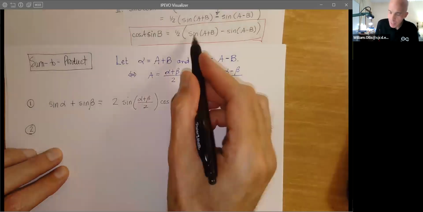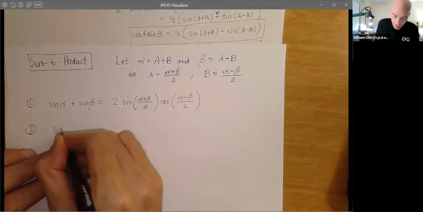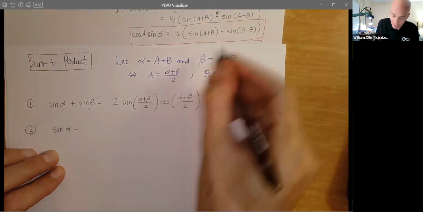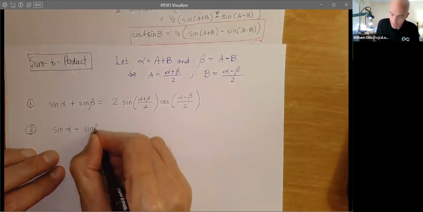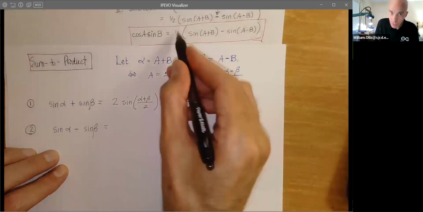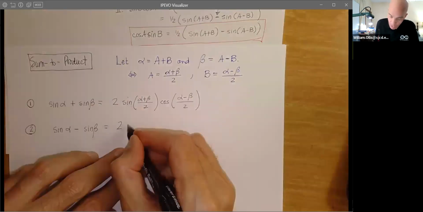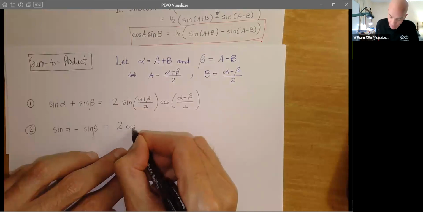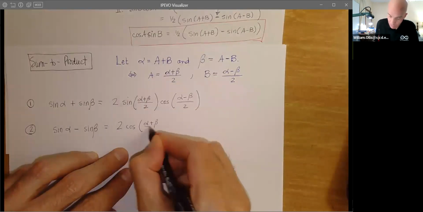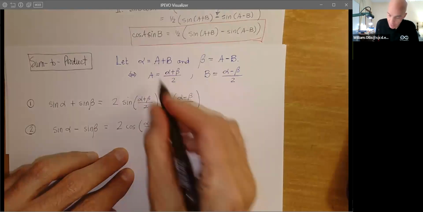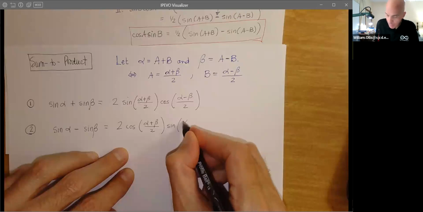So now do the same here. We're going to have sine of alpha minus sine of beta. Multiply by 2, get the 2, and then cosine of alpha plus beta over 2, sine of alpha minus beta over 2.